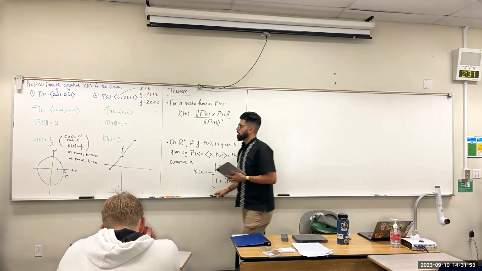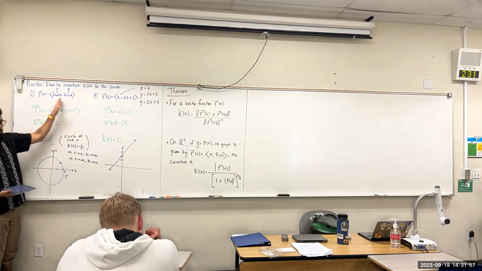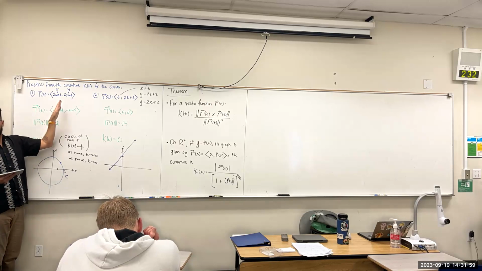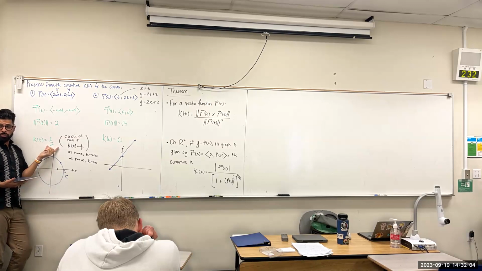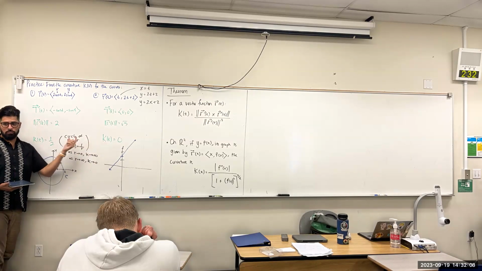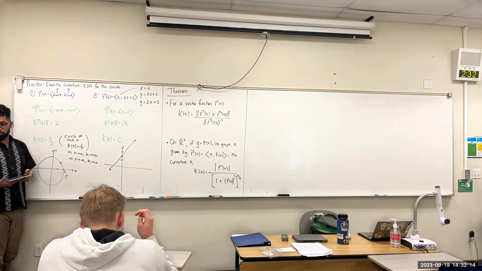Good question. So on the homework, they're going to ask you to find the curvature function. Like it'll just say find the curvature. So it'll be kind of like this, except that you might end up with an actual function of t. These both ended up being scalar values, but on the homework that might not happen. There will be functions of t. So depending on the time, the curvature is different, exactly.